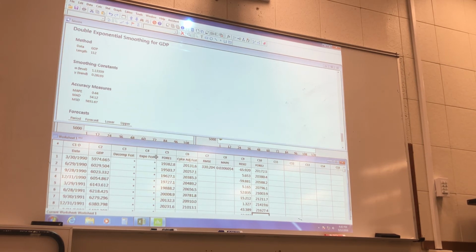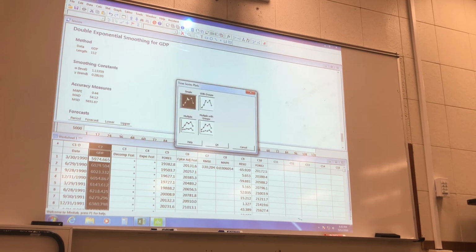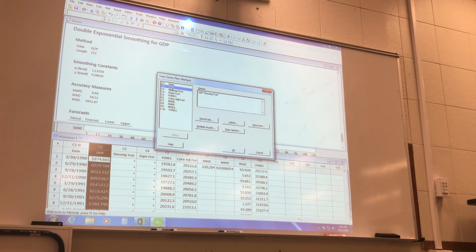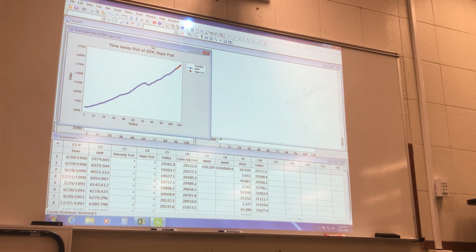Let's look at this forecast for exponential smoothing relative to GDP. Multiple columns, GDP, Expo forecast. There it is. Canned routine.